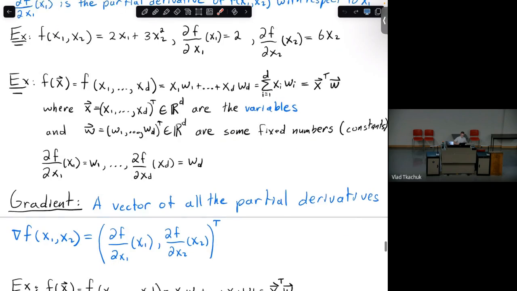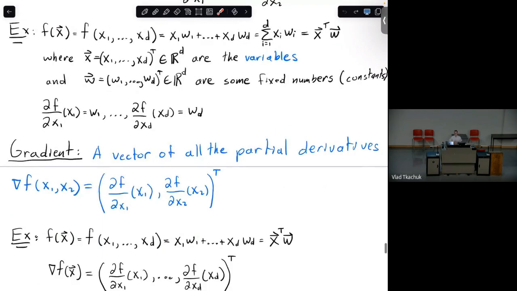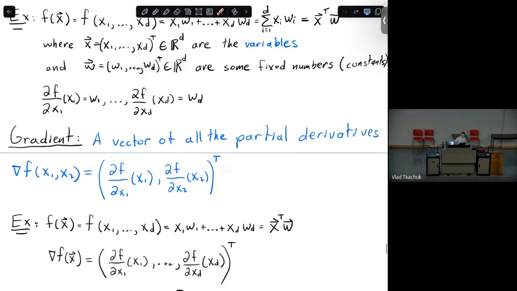Okay. And the last thing I want to point out is this notion of a gradient, which is really just a vector of all the partial derivatives listed one by one from the first to the last. So the gradient of f is just this vector. It really is a vector, but in this class a vector is going to be represented as a tuple. So you can think of it as a tuple of each partial derivative listed one after another.